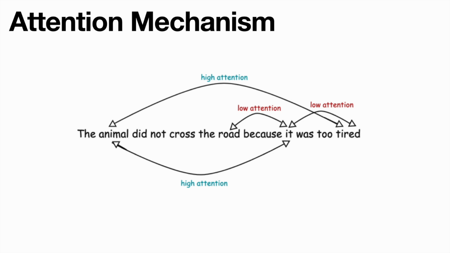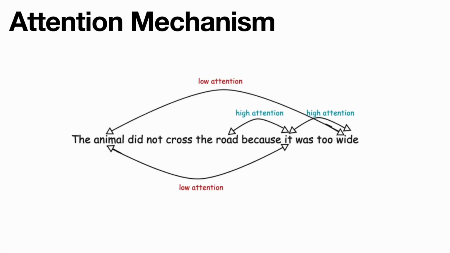But in the next one, it was too wide, here it has a high attention with road, also it has a high attention with wide. But it has a low attention with animal, and animal has a low attention with wide, right?